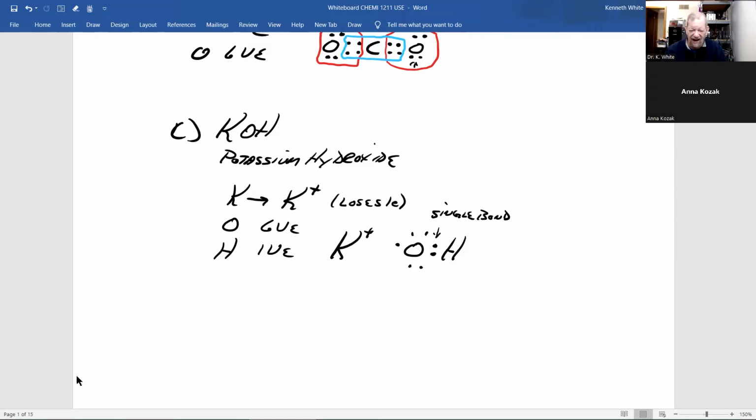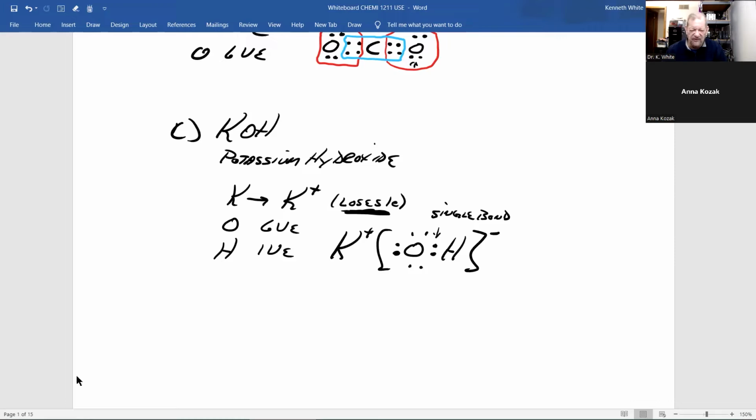But if you look at oxygen, count the dots, there are only 2, 4, 6, 7. That's not an octet. But where does this electron that potassium loses go? It goes over to this oxygen. It now has an extra electron, so it has a minus charge.